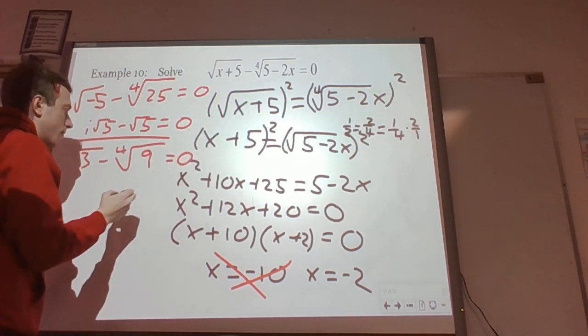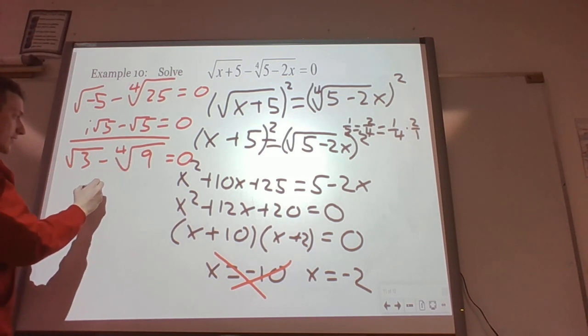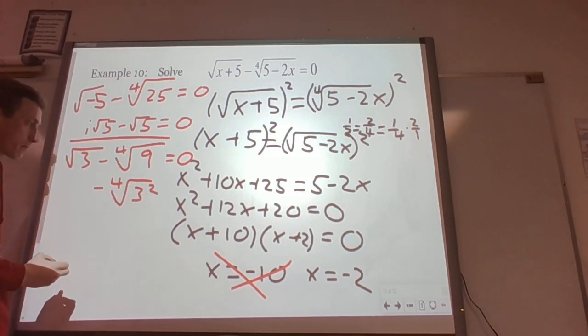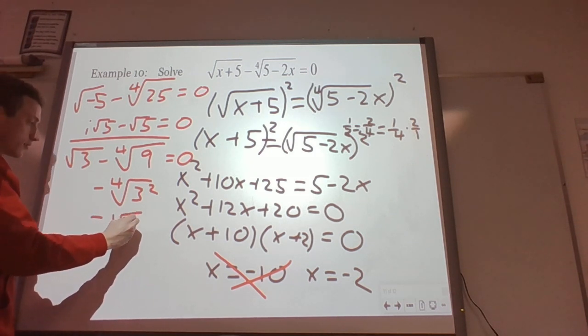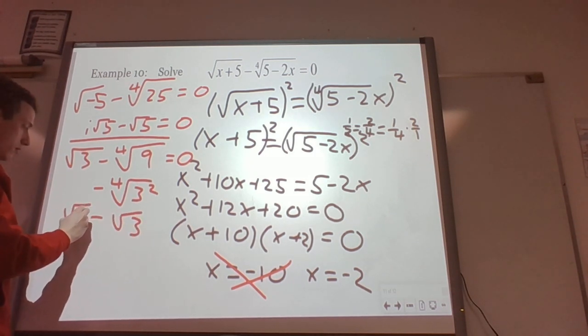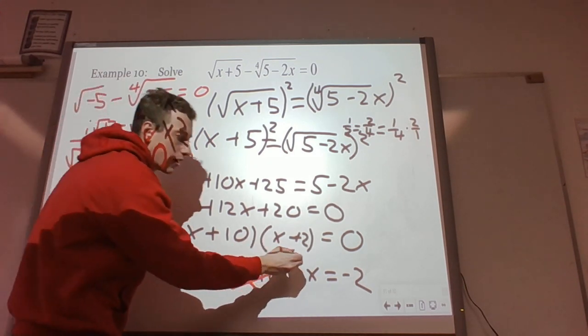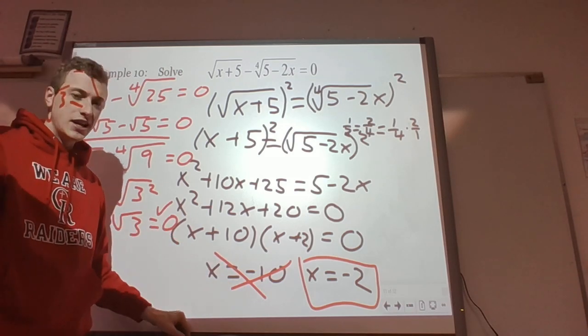Could that equal 0? Let's see, the fourth root of 9, that's the fourth root of 3 squared, which would be the same as the square root of 3. So root 3 minus root 3 does indeed equal 0, verifying one of our solutions and indicating the other is extraneous.